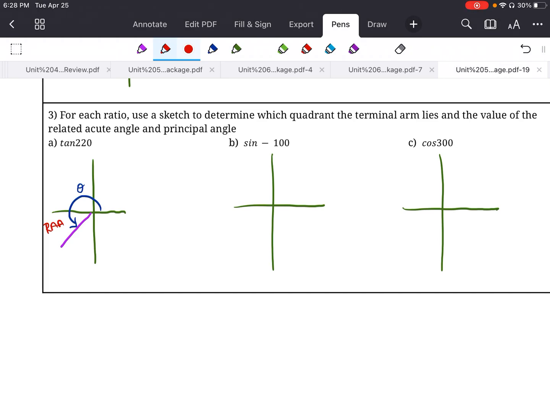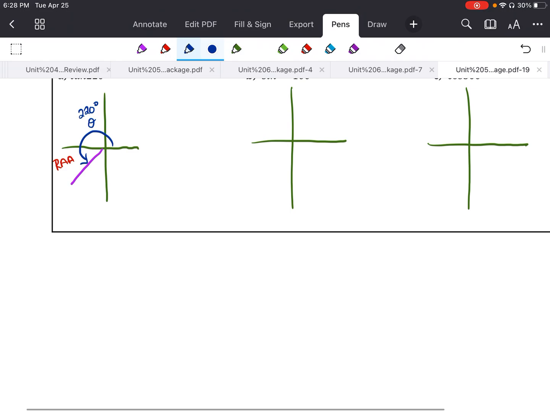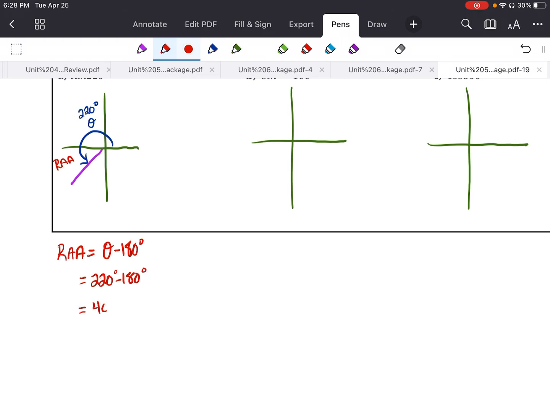So the principal angle, we already know, is 220 degrees. Okay, it's quadrant 3. In quadrant 3, to find the related acute angle, it is the principal angle minus 180 degrees. So 220 minus 180. So the related acute angle is 40 degrees.